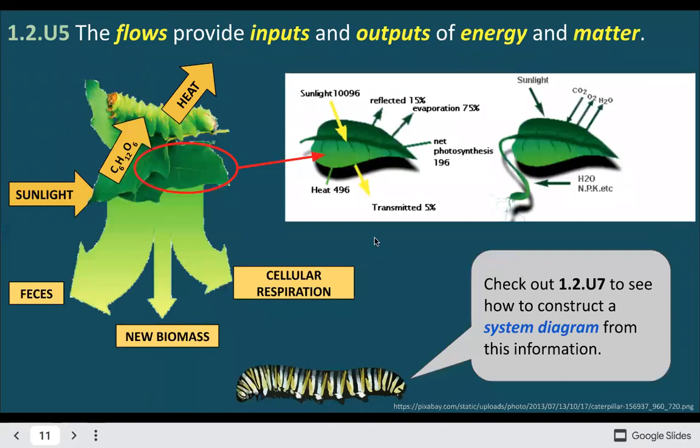And here we see a schematic diagram of sunlight and the process of photosynthesis, right? So some of that sunlight is actually reflected. A lot of plants in the desert actually have an additional reflective ability because the sunlight's so intense here. So they might actually reflect more than 15%. That's to help keep them a little bit cooler.